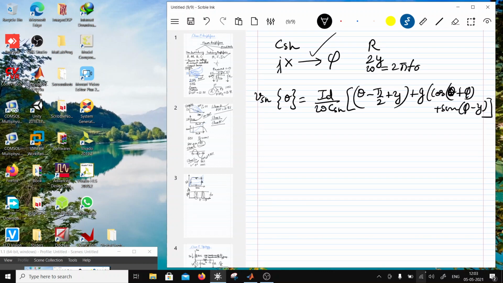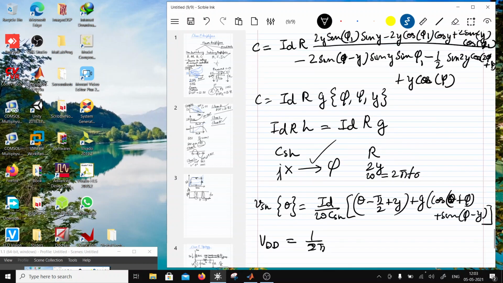Now, to find the DC value of V, V_DC, which I can write here as V_DD, would be the DC value of this output waveform, right?